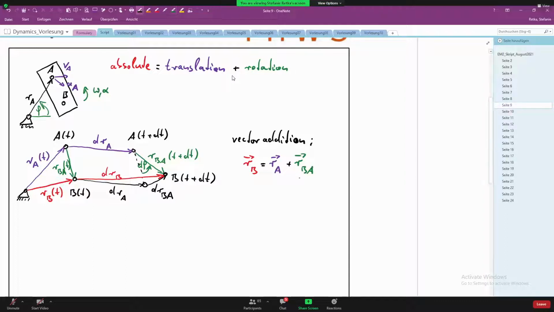When you write it like this, it means B rotates about A. Okay? So B moves translationally as A, and at the same time, B rotates about A.